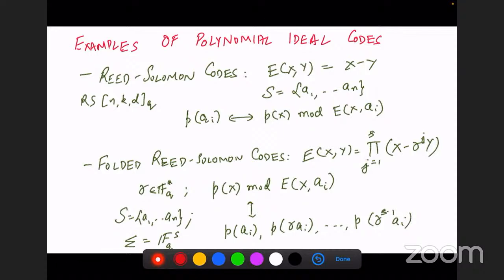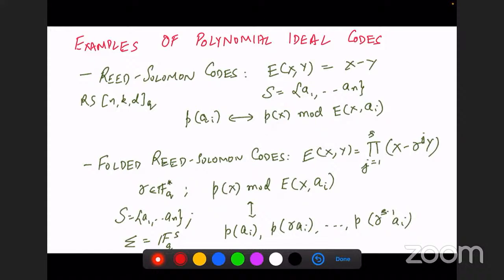And as you change the set of evaluation points, you will get a different set of values. So actually the alphabet for these codes is not F_q, but F_q to the s, because at each point of evaluation, I'm giving you s values from F_q, right?